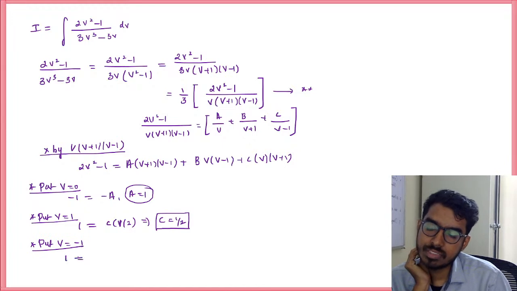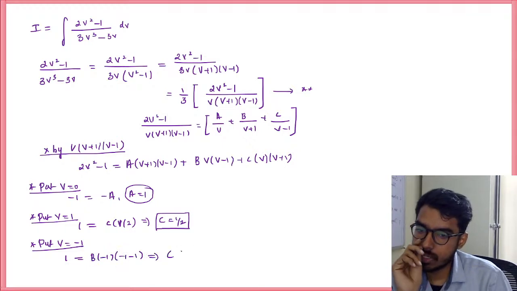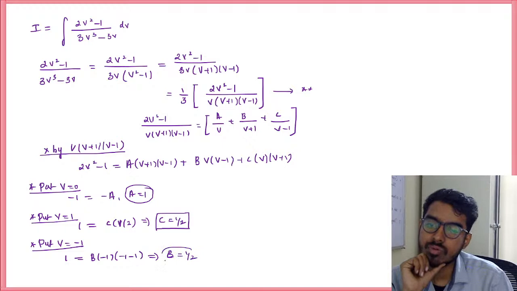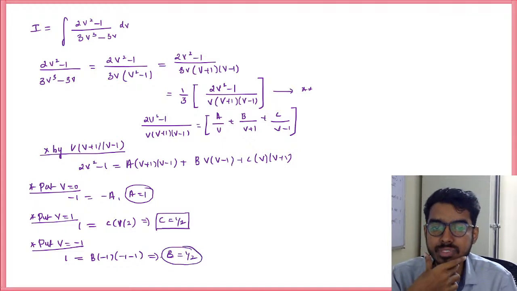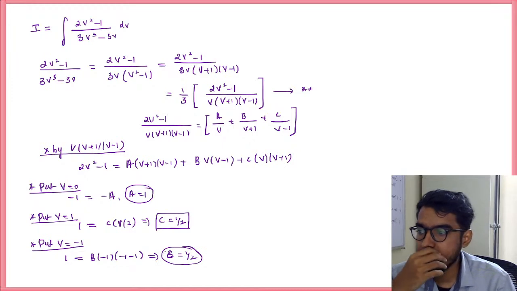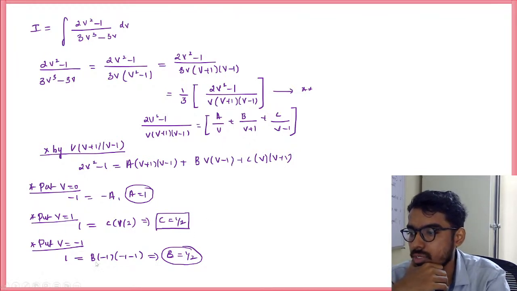So we will have 1 is equal to b into (−1)(−2), that means b is again 1 by 2. Right? So b is 1 by 2, c is 1 by 2, a is 1.